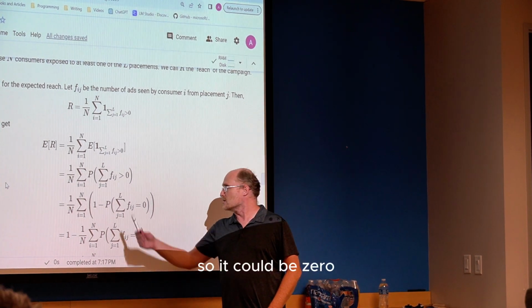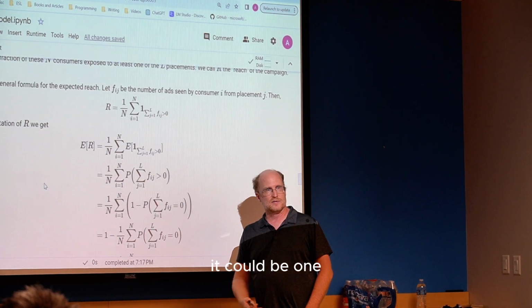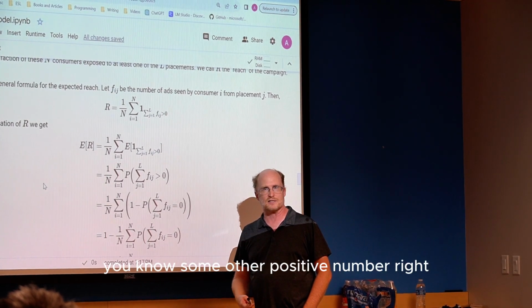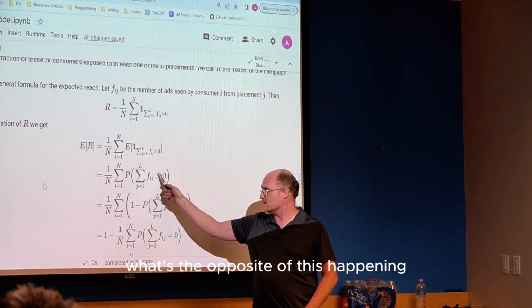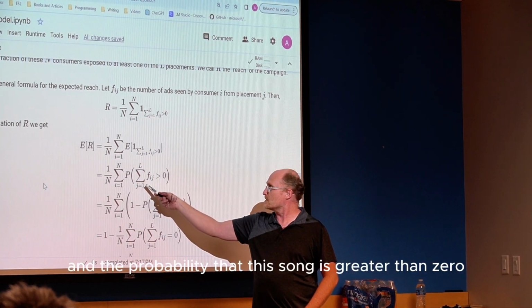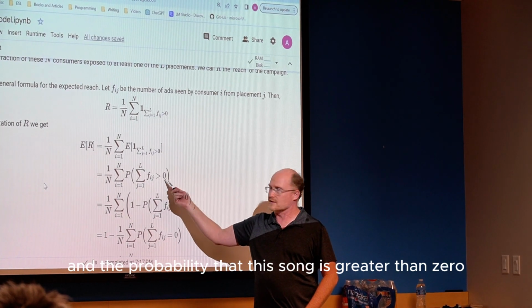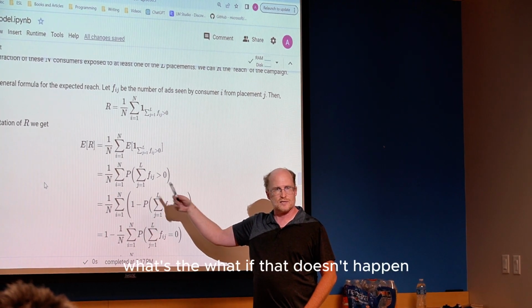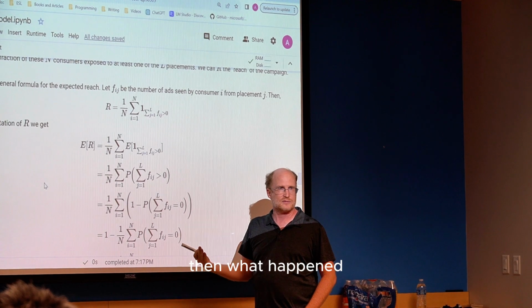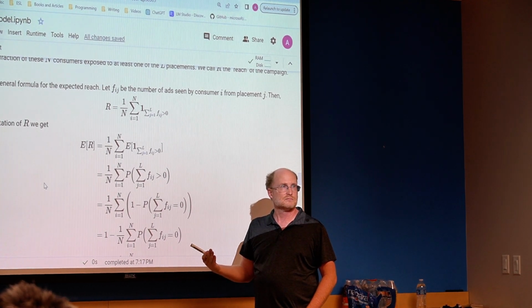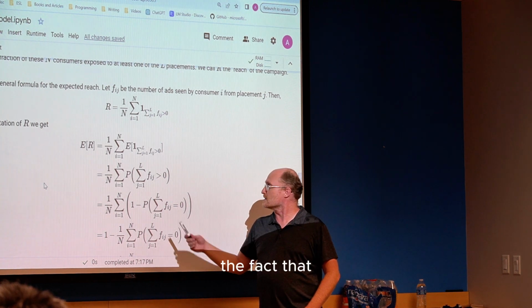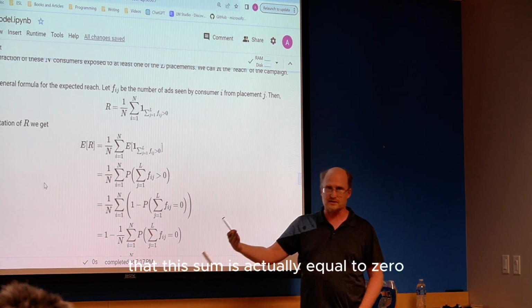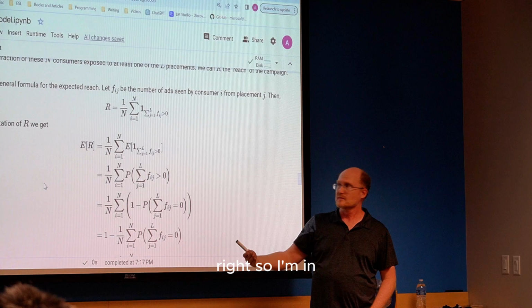So it could be 0, it could be 1, it could be some other positive number. So what's the opposite of the probability that this sum is greater than 0? If that doesn't happen, then mathematically, the sum is equal to 0.